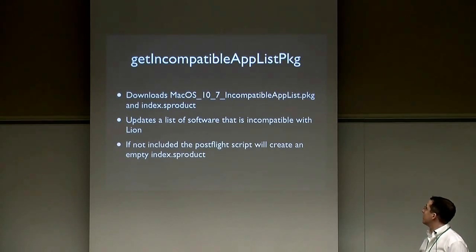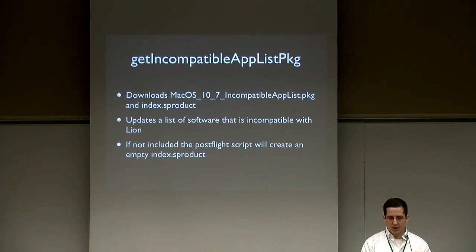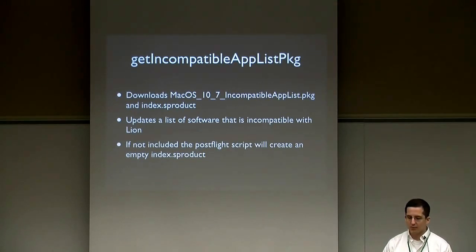Let's look at the first script, get incompatible app list package. I spoke about the index S product and the 10.7 incompatible app list package. This script will download those two files for you, which updates the list during installation of the incompatible apps for Lion. Like I said earlier, it's not included.